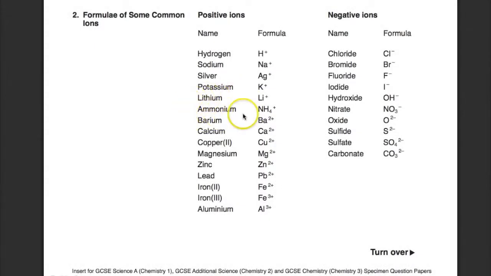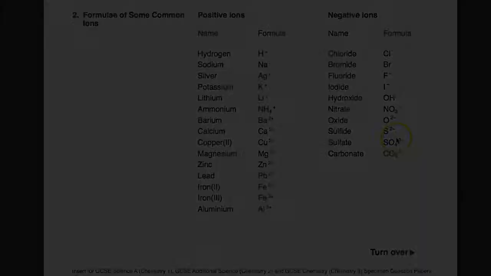Here is ammonium. Ammonium has 5 atoms in it, but it has an overall charge of +1, whereas something like sulfate has 6 atoms in it, but it has an overall charge of 2-. And when we do that, we treat the whole thing, the SO4, as one entity, and that whole one entity has an overall charge of 2-.